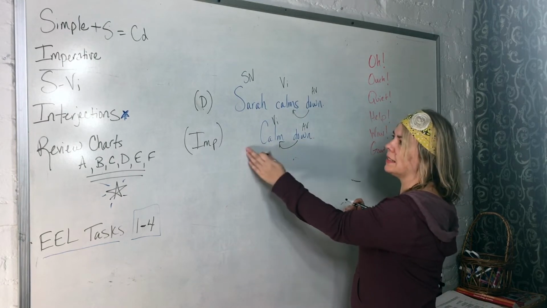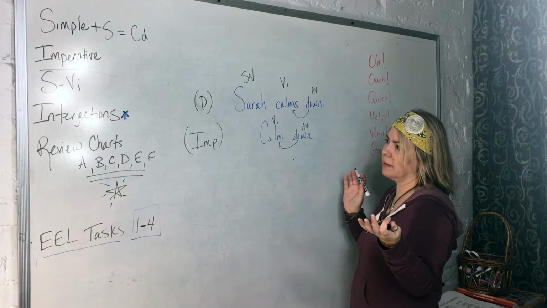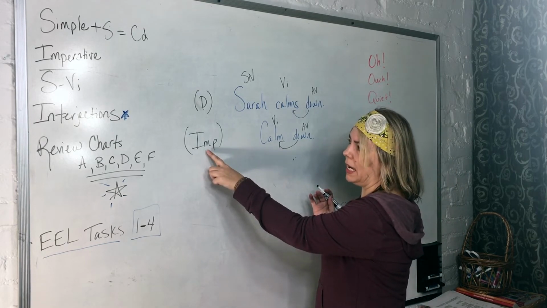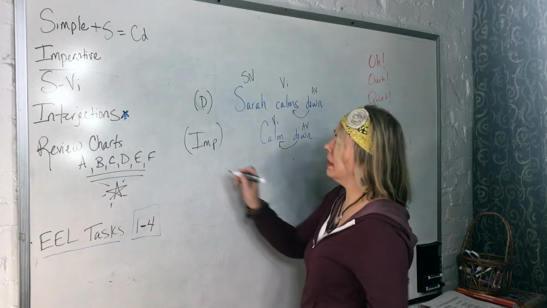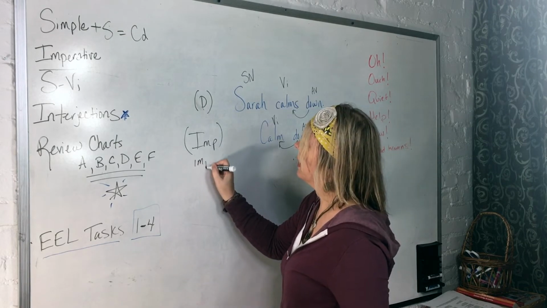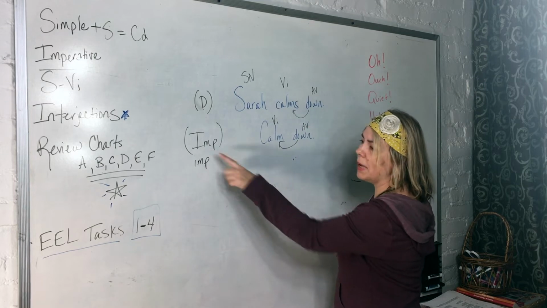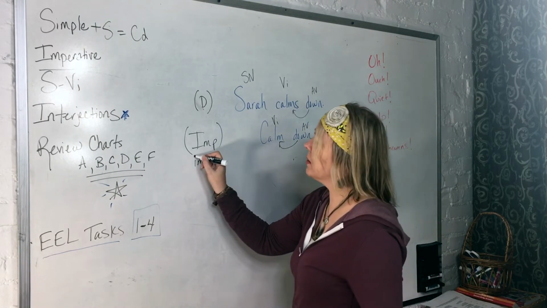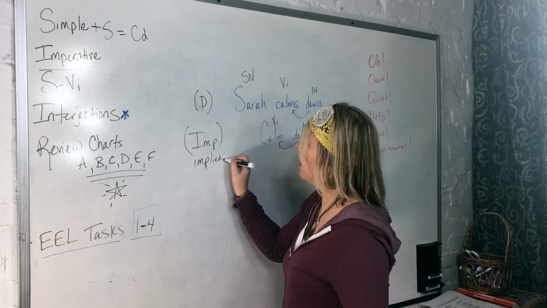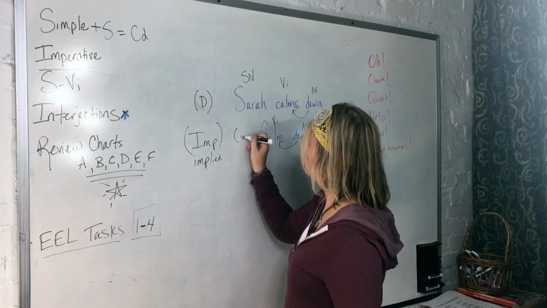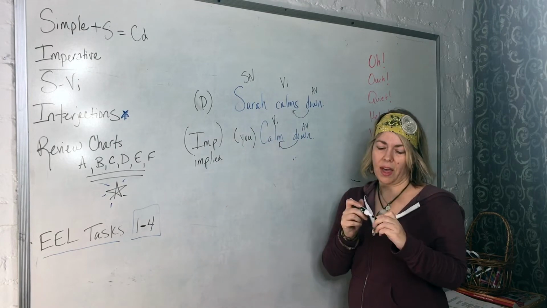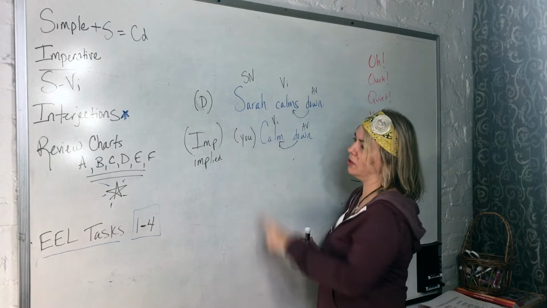But a sentence needs a subject and a verb. Where's the subject? Everybody look at imperative and say imp, imp. Imperative sentences have implied you. So I made a little song, and because we're focusing on the you, I thought we got to figure out a way to love that little you.